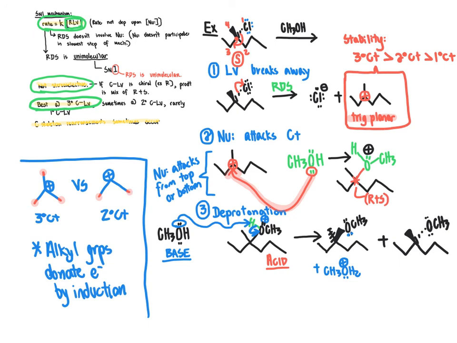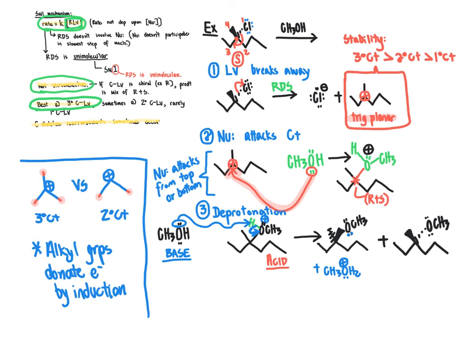A primary carbocation is just going to have 1 alkyl donating group, and so it's not going to be very stabilized at all. And so the reason that SN1 reactions happen best at tertiary carbons is because tertiary carbons are going to lead to the best carbocation possible, the one that's most stabilized by induction.